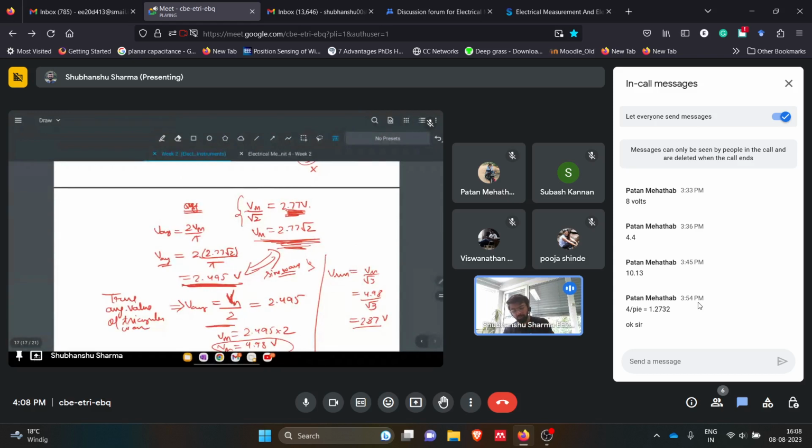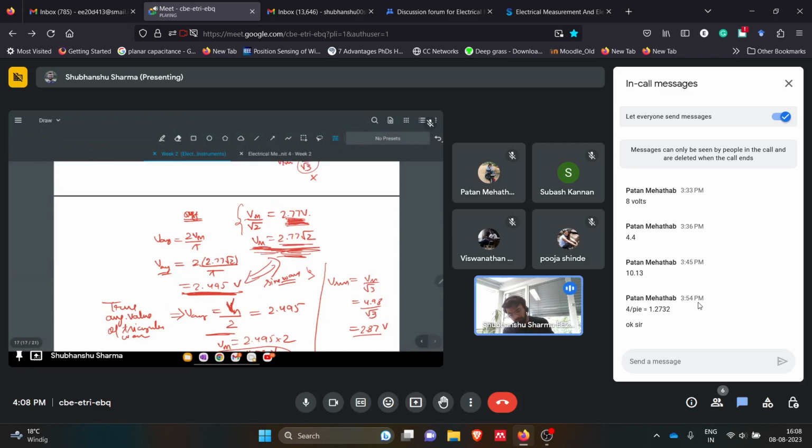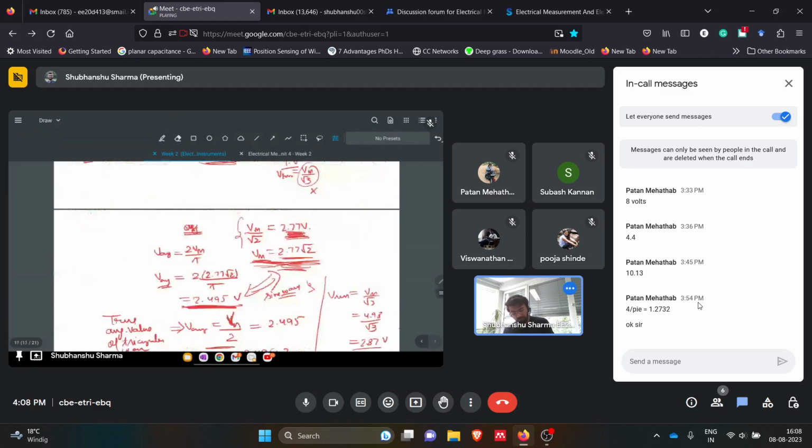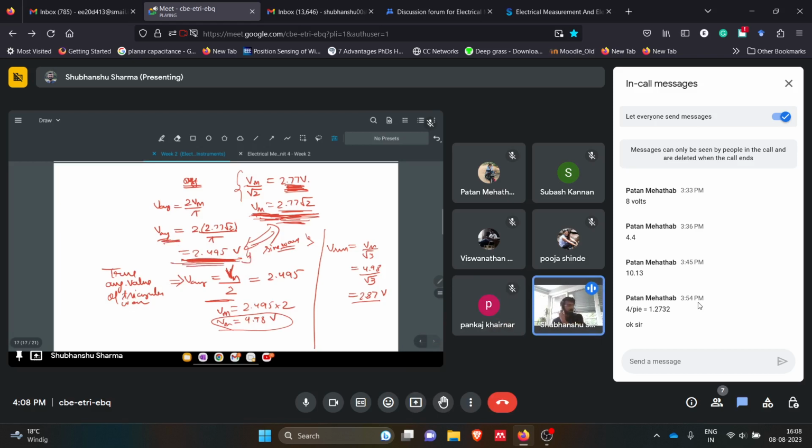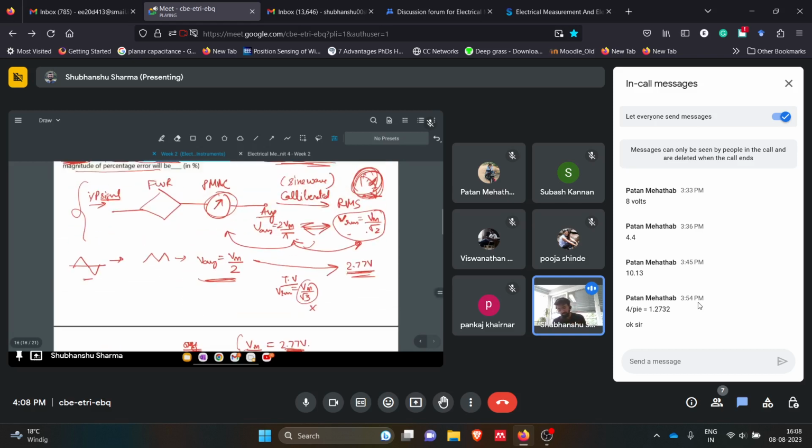Based on that, we calculated the peak value, Vm. But the PMMC measurement gives the average value, so based on this peak value we got the average as 2.495. This value was calculated by this sinusoidal based PMMC measurement calibration.